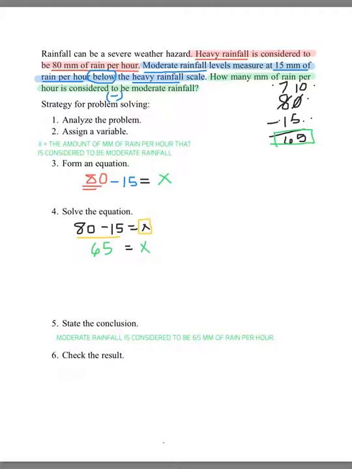So now let us go ahead and check the result by starting off with the original equation found in step 3. So we're going to have 80 minus 15 equals x. However, we know x is equal to 65, so we'll bring that down along with the rest.